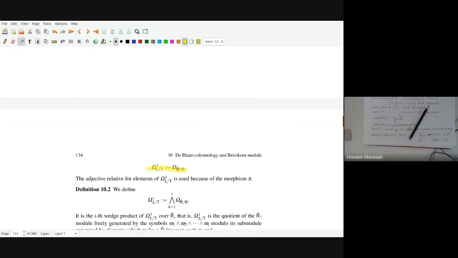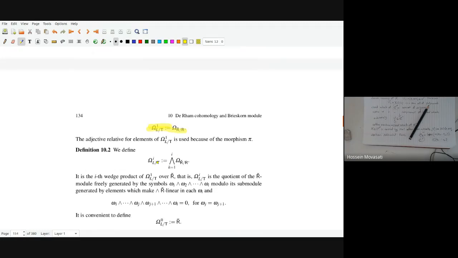Again, the algebraic notation: when Ř and R, you take their spectrum, there will be varieties. The spectrum of R is T, the spectrum of Ř is L. So there you will want to introduce this more geometric notation. But maybe just to proceed with the course, differential i-forms will be defined by the wedge product of the differential one-forms.